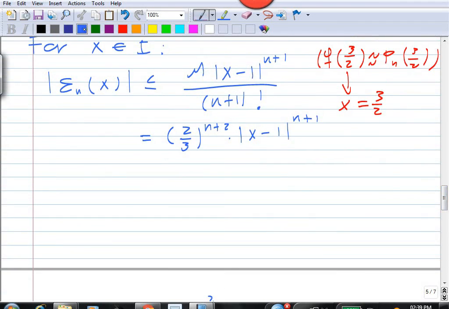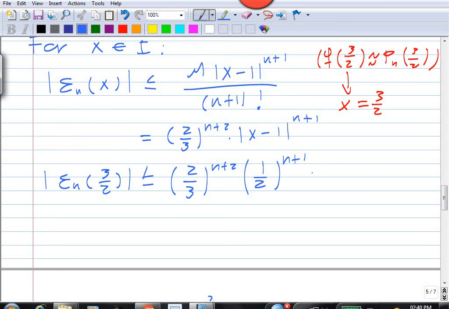So what we have is that the error at x equals 3 over 2 is less than or equal to 2 times, now 3 over 2 minus 1 is a half, so 1 over 2 to the n plus 1, and that's going to give us 2 times 1 over 3 to the n, or if you like 2 over 3 to the n. And there we go.